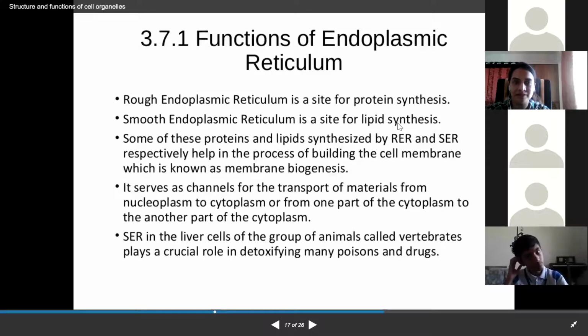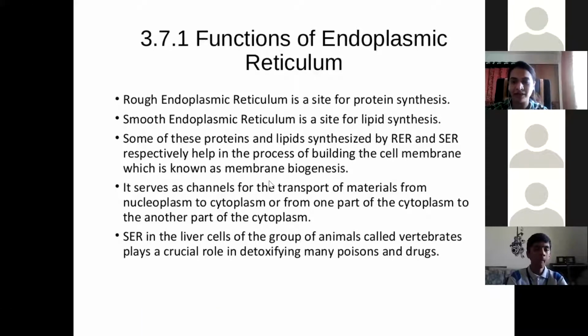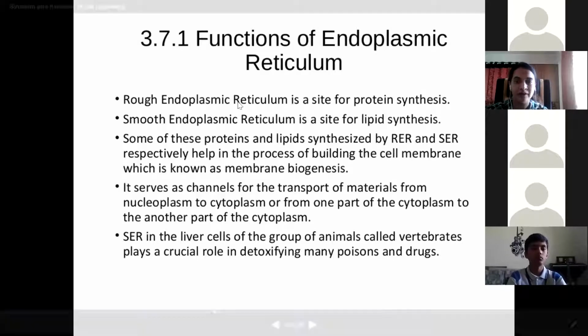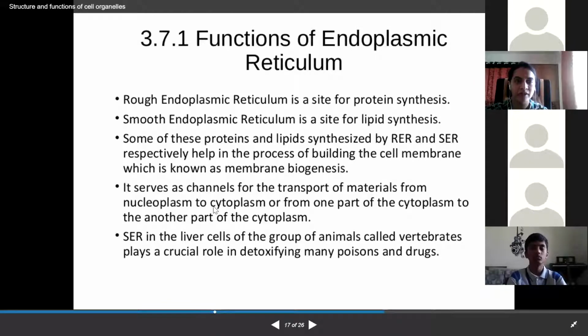Some of these proteins and lipids made by RER and SER help in the process of building the cell membrane, which is known as membrane biogenesis. So we need to prepare the structure of the cell membrane, and the cell membrane is made up of lipid. It's a lipoprotein layer, right? So endoplasmic reticulum helps in that.